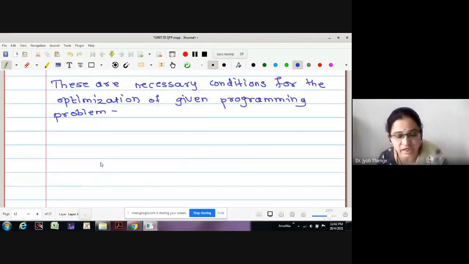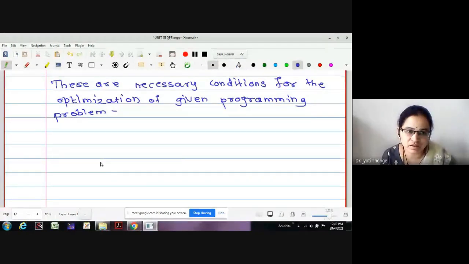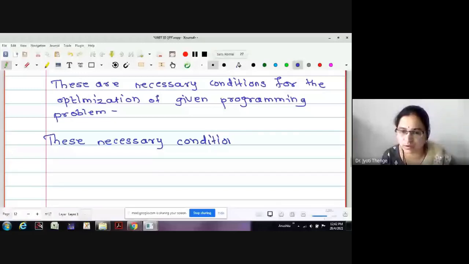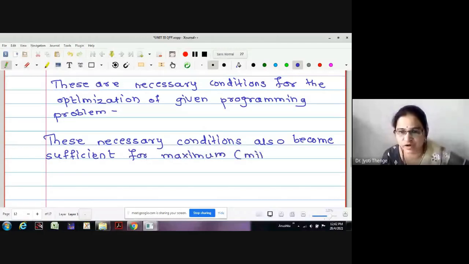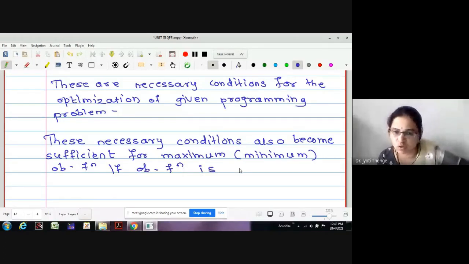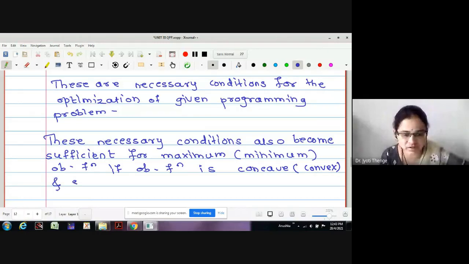These necessary conditions become sufficient if the objective function is concave for maxima and convex for minima, and the side constraints are equalities.